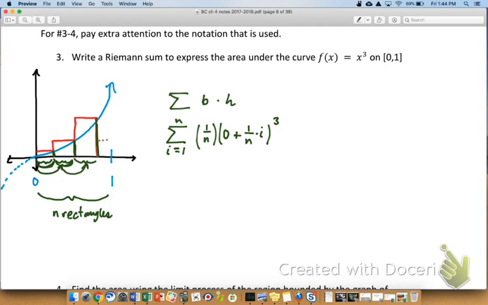Why does it stop at 1? What makes that expression stop at 1? Are you talking about this right here? How does it keep within the interval? Because we were just told, let's find the area in between 0 and 1. If it said in between 0 and 2, that would change things a little bit, right?